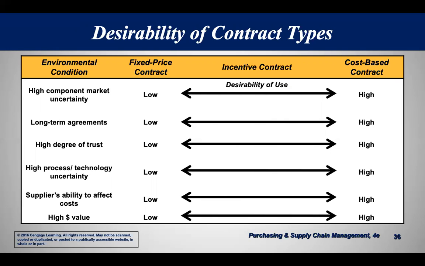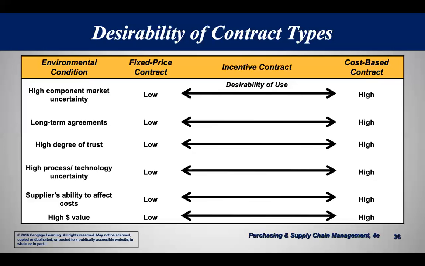Generally speaking, if it's a long-term agreement, both sides probably want to avoid a fixed price contract and go more to a cost-based contract, which is more desirable for a long-term contract just because of the variability over time. It might go one way or the other, but it's going to cause a problem and if it causes a problem for one or the other, then it's not a good agreement.